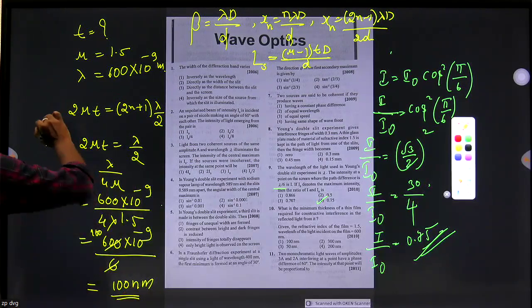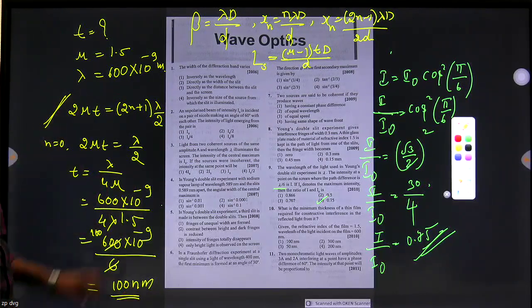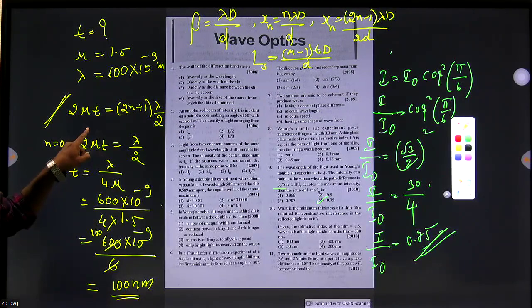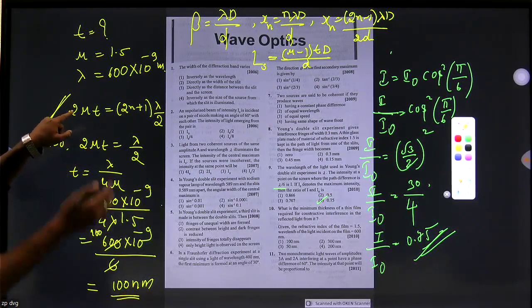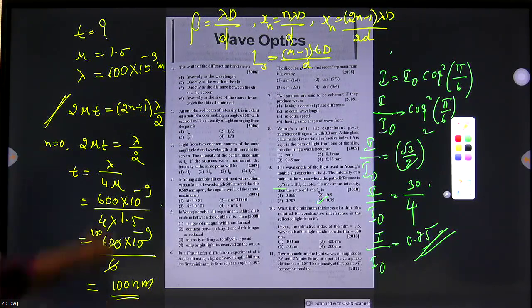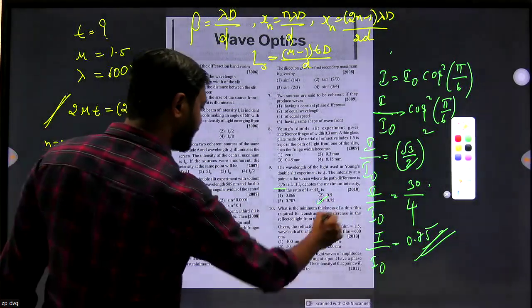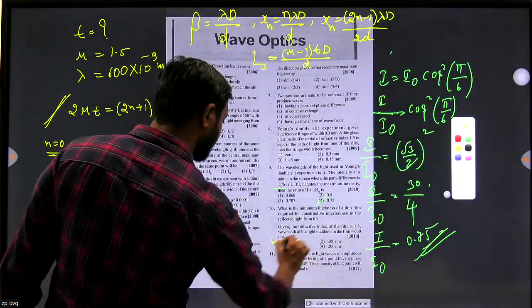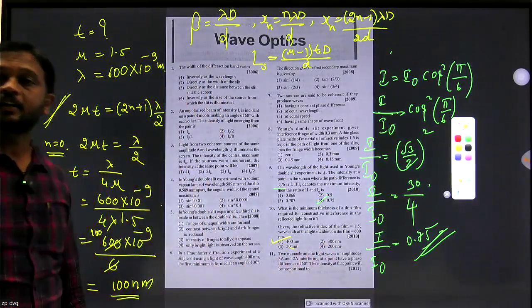So note this formula. 2 mu t, where mu is the refractive index of the film and t the thickness, 2 mu t equals 2n plus 1 lambda by 2. So for minimum thickness, n is 0. Is it clear? So the answer is 100 nanometer, option 1.